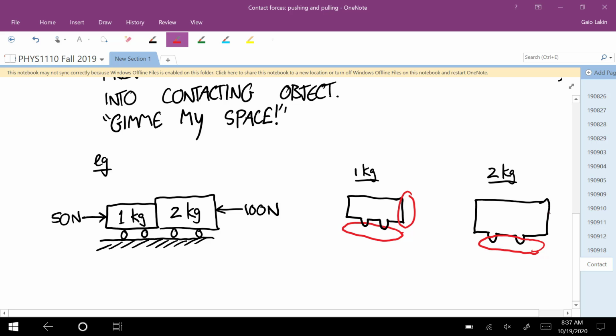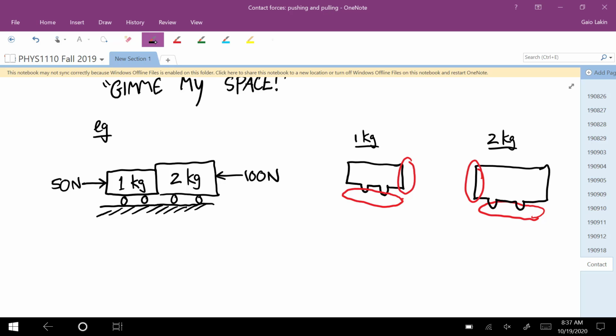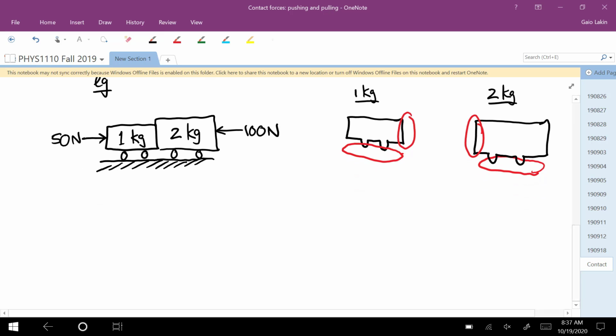And then keep going around the boundary and you get to the left side and there's contact over there. That's a pushing force. Okay, so each of these has two forces pushing on it. In order to put these into a free body diagram, you have to know the directions of these pushing forces. So what do we know about the directions of pushing forces?